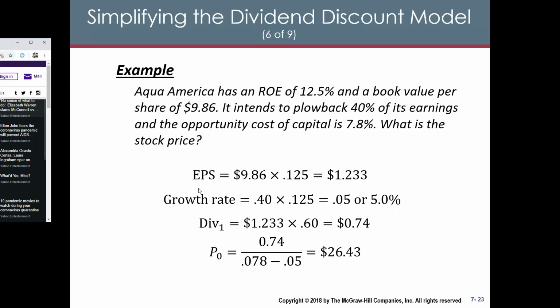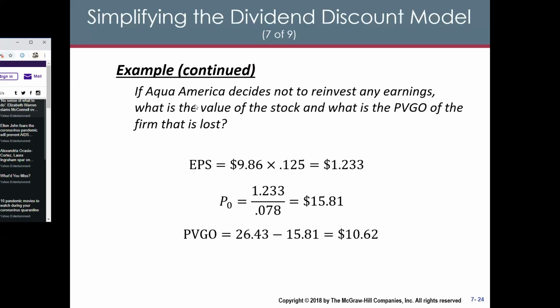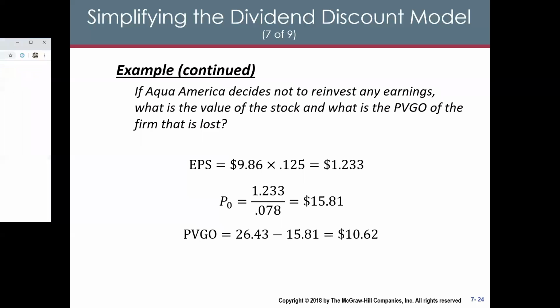Next, what if this company decides not to invest? So if the company decides not to invest, still the earnings per share is 1.233 as before. And because there is no investment, the growth is zero. There is no reinvestment. All the money goes to the shareholders. It is the dividends.